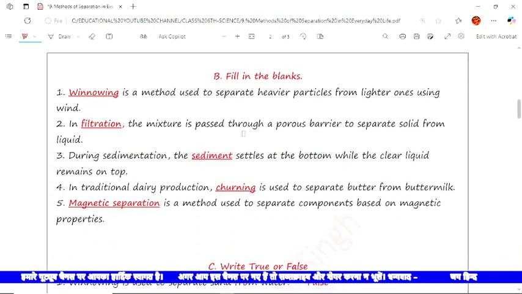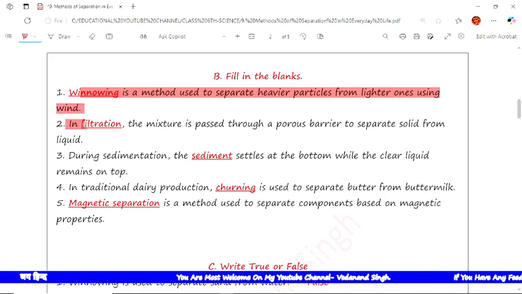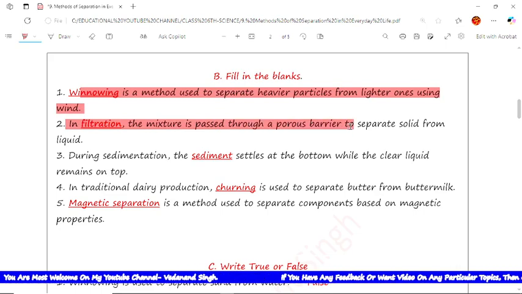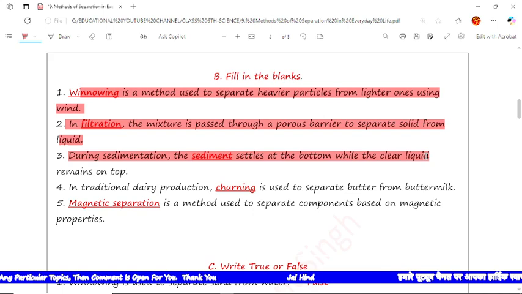Now the next is fill in the blanks. Winnowing is a method used to separate heavy particles from the lighter ones using wind. Now the next is, in filtration, the mixture is passed through a porous barrier to separate solid from liquid. Next is, during sedimentation, the solid settles at the bottom while the clear liquid remains at the top.